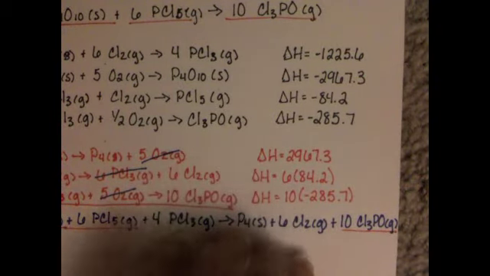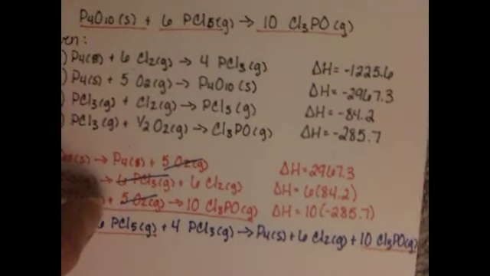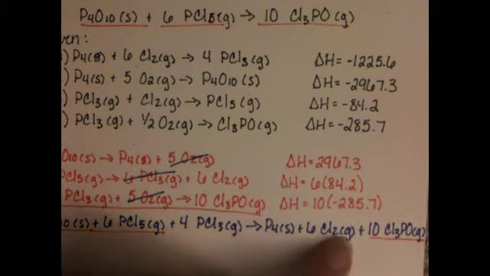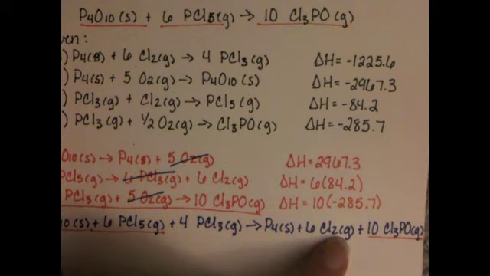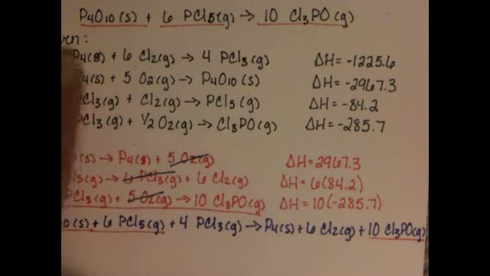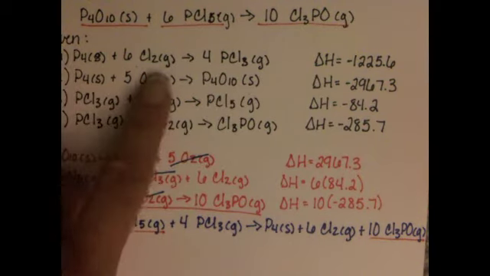And in that case, when that happens, just go back to your given equations again and see if you can find an equation that has PCl3. Ideally, we could find one equation that had PCl3, P4, and Cl2 in it. And here it is, PCl3, P4, and Cl2.